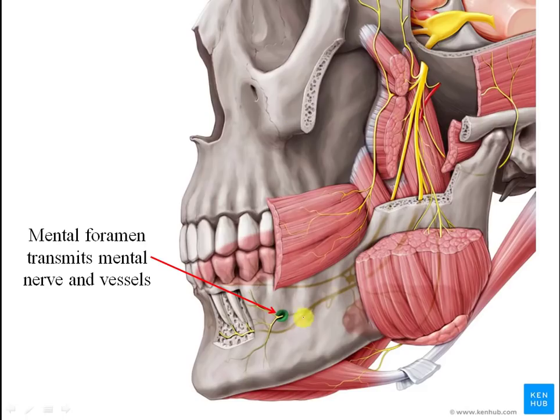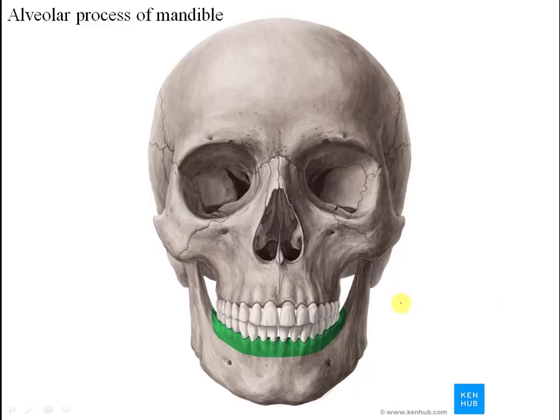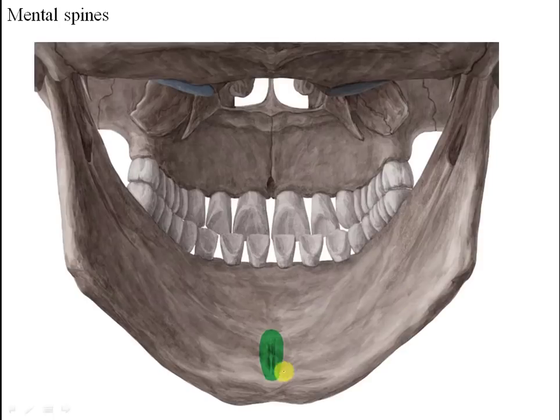Side view here, the mental nerve passing through the mental foramen to supply the skin here of the lower chin and the lower anterior teeth. Anterior view showing the alveolar process of the mandible, mental foramina, mental protuberance, and on the inner aspect of the mandible deep inside, we have two spines, the mental spines.